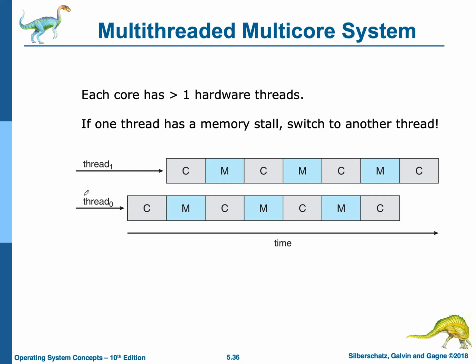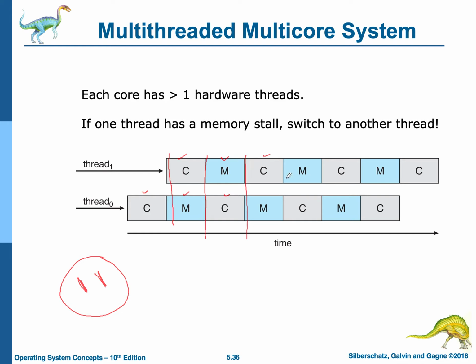So suppose in a multi-threaded system there is a single CPU, and it is multi-threaded, means it can run two threads, right? So they are managed like this: when thread 1 is computing, thread 0 is waiting for the memory input, and when thread 0 is waiting for memory input, thread 1 is computing. You can see that this is time.